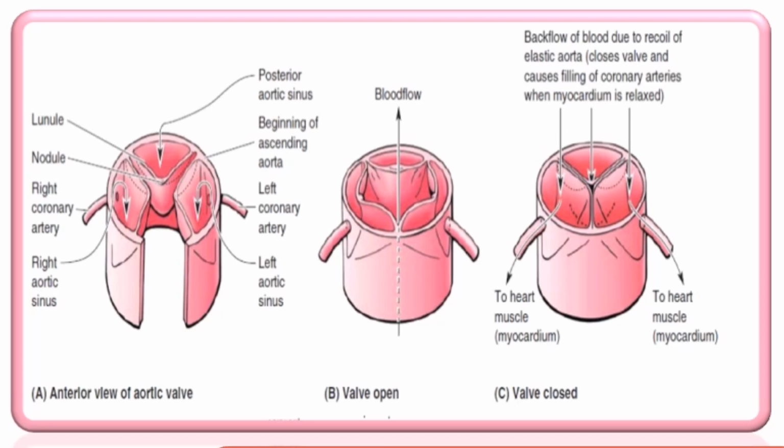We notice the right and the left coronary arteries originating at the levels of these aortic sinuses, and then we can see there is no artery coming from the posterior aortic sinus. So as a result, the posterior aortic sinus and cusp are sometimes referred to as the non-coronary sinus and non-coronary cusp because they lack arteries coming out from them.